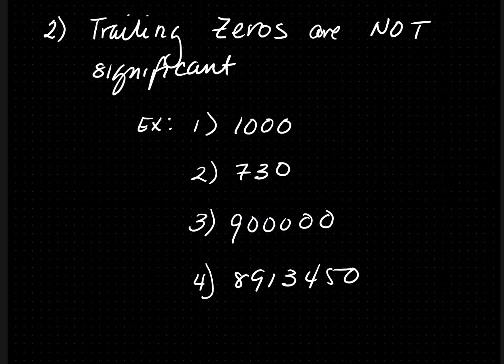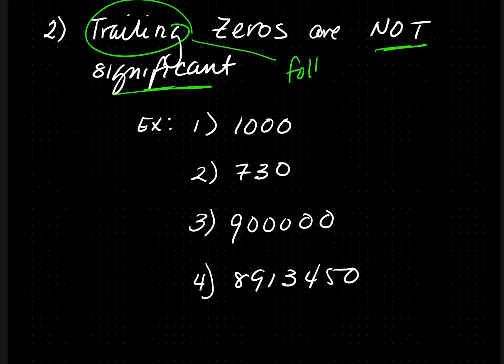Second rule states trailing zeros are not significant. Trailing, you guys understand, is anything that is following behind. So if I look at the first example, we have a non-zero digit, which is 1. These 3 zeros are following, so these are trailing zeros.